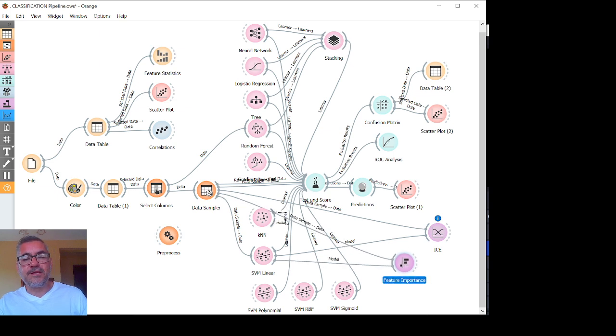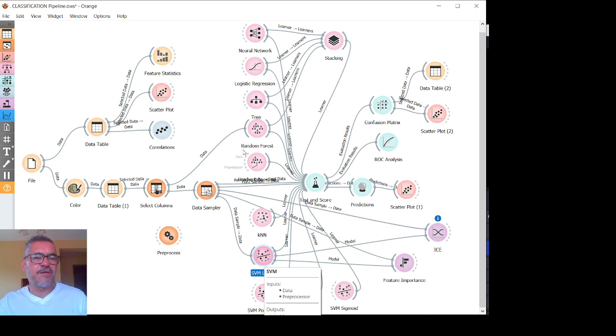You get the sample data connection from the data sampler, and, as you can see, the model from the model connector for feature importance. If I want to create the feature importance from my best model, that, if I remember correctly, was the SVM linear.